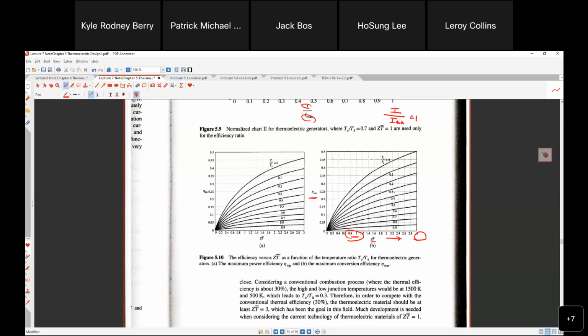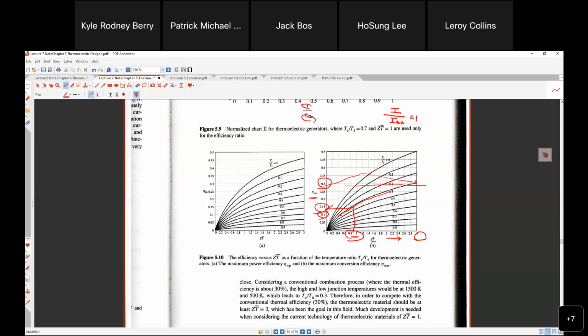If the ratio is 0.3, efficiency is small, 0.15, 15%, or 10%. But if future materials improve the GT value, then 30% is huge. Efficiency 30%, with just the thermoelectric.